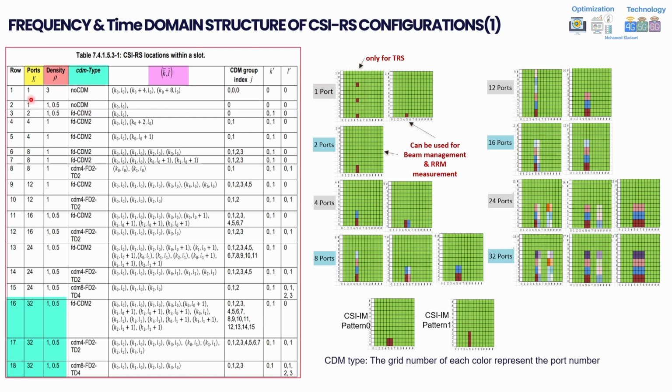Here it mentions density 3, so you have 3 REs within the same symbol, and it mentions one port, which means you will have only one port and no additional ports. The second type has no code division multiplexing and also has one port, and it has density 1, for example. This means you will have only one resource element, and this one is usually used for beam management.